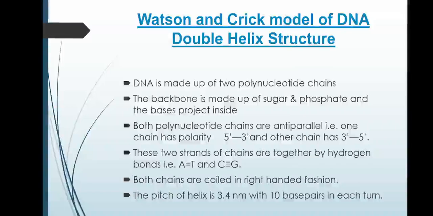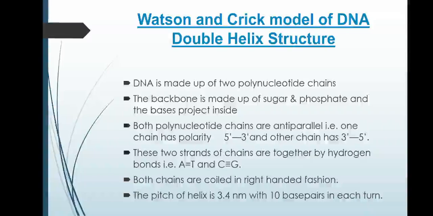The 2 strands in DNA are arranged in an anti-parallel manner. It means one chain has polarity from 5 prime to 3 prime and the other chain has polarity from 3 prime to 5 prime. These 2 strands are held together by hydrogen bonds.